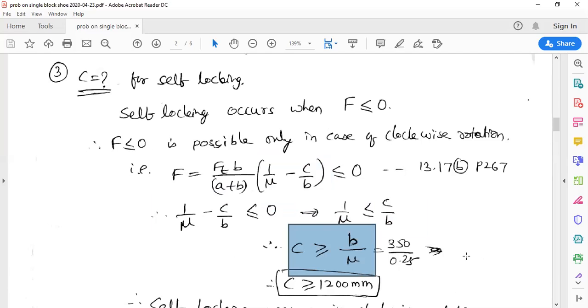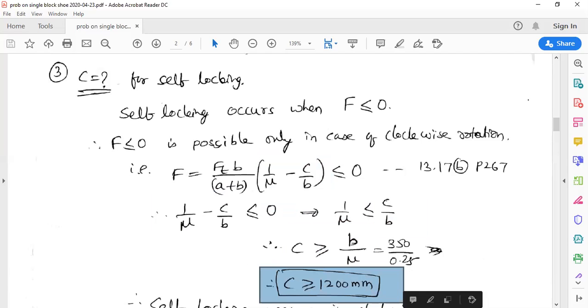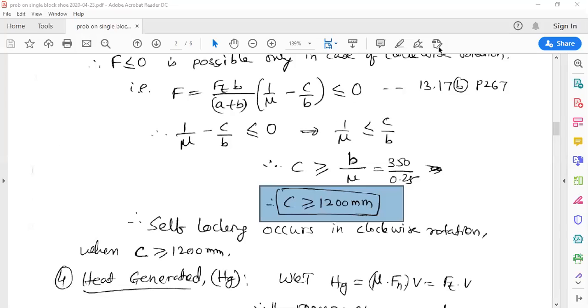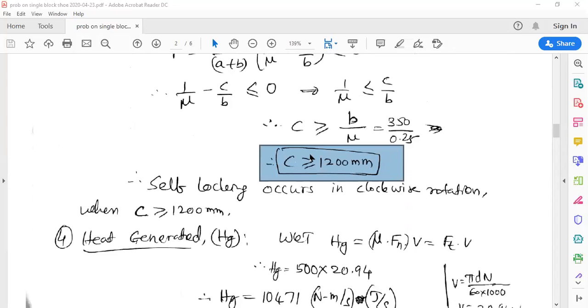By using this relation, you can get the value of C as 1200 mm. If the value of C is less than 1200 mm, there is no problem of self-locking or self-energizing of the brake.